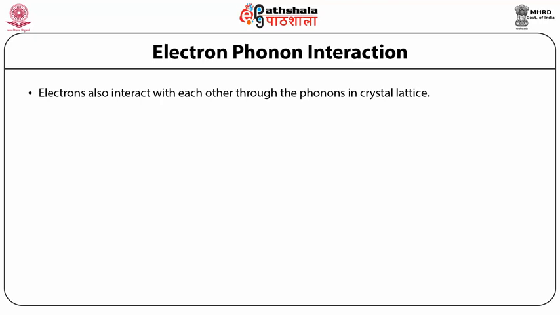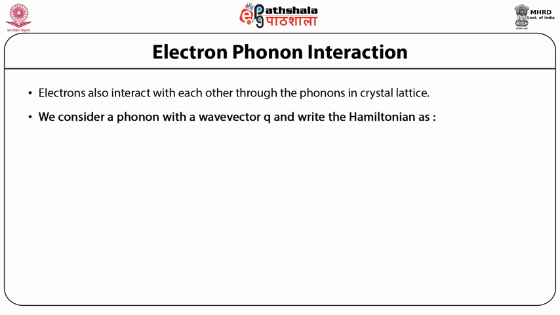We know that the vibrations of the crystal lattice are called phonons. Now we consider a phonon with a wave vector q and write the Hamiltonian as H is equal to summation over q and lambda of h cross omega q lambda multiplied by a dagger q lambda into a q lambda plus half.